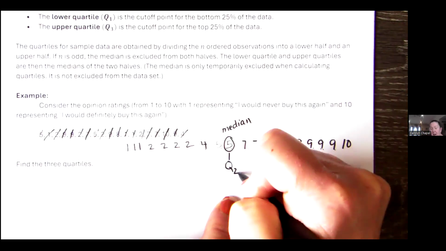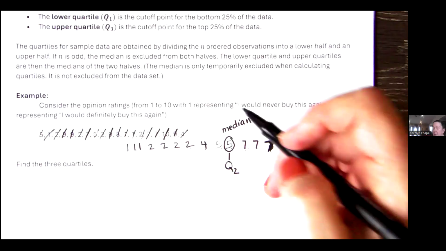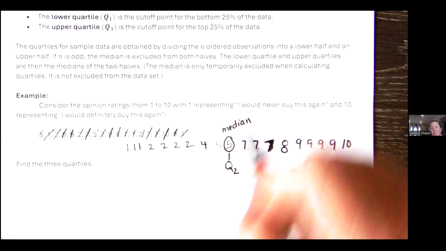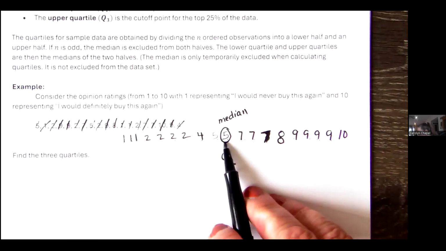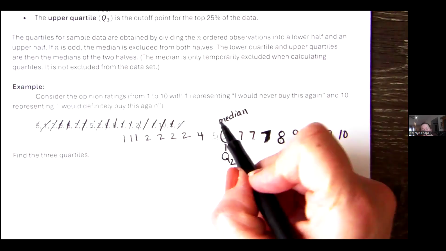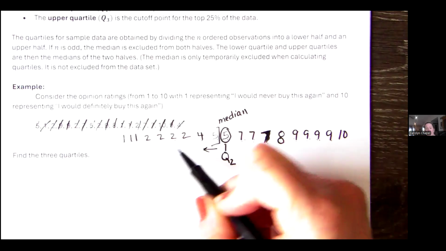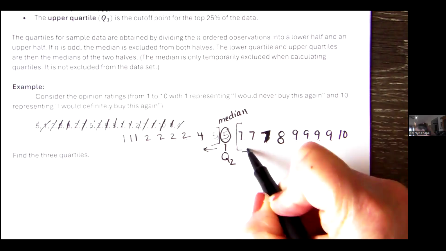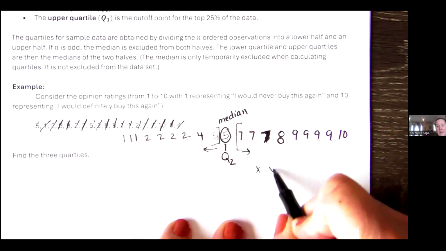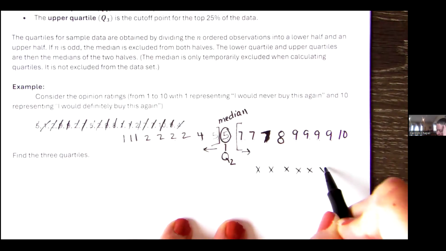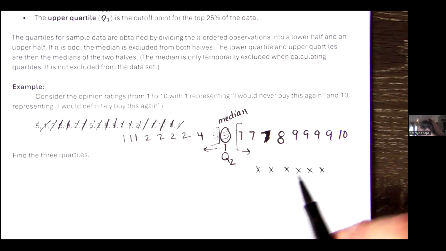Now, when we divide this up, if we have an actual middle value, we do not include it in our upper or lower data. So this is going to be our lower data from this value down, and this will be our upper data from that point up. If we had had an even number of data values, let's say I had 6, my median would have been the average of those two.